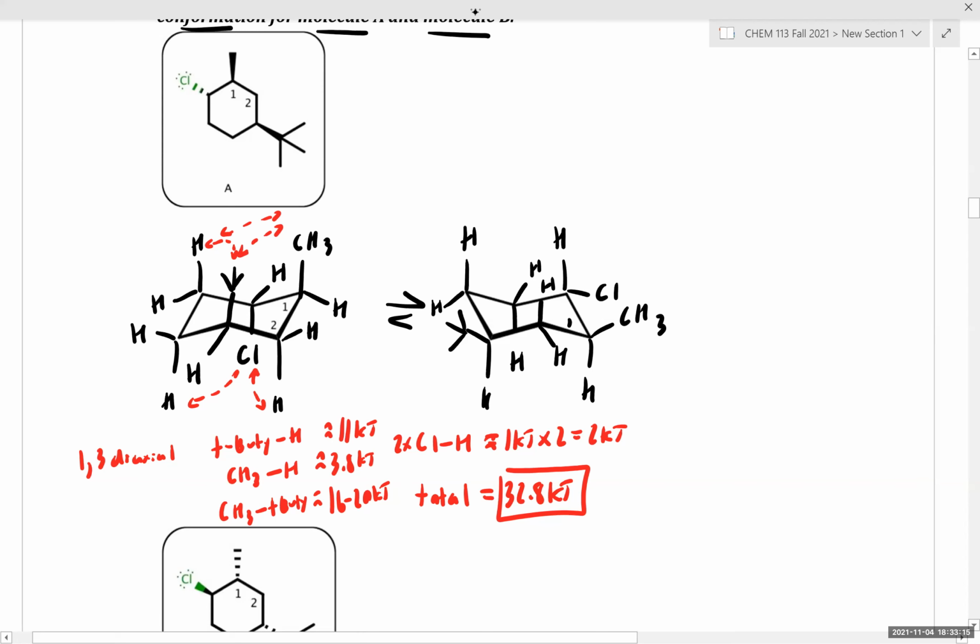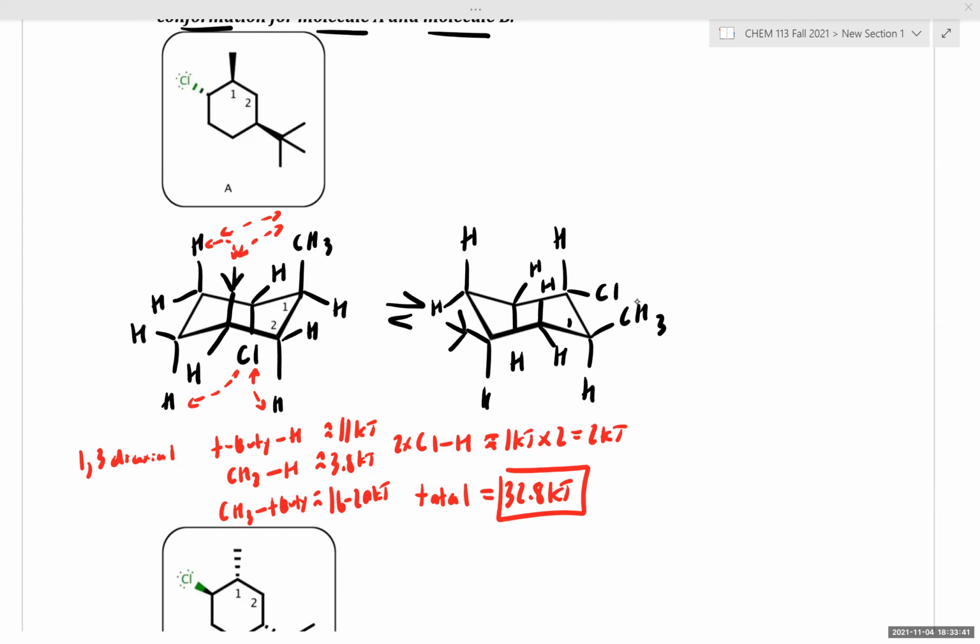Do we have any 1,3 diaxial interactions in the second chair conformation? What do we think? Yes or no? Is that one with the tert-butyl and the hydrogen? Equatorial?